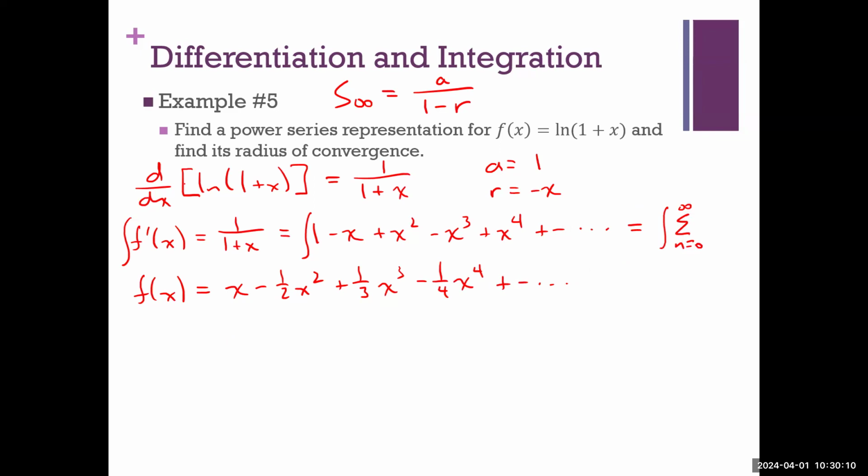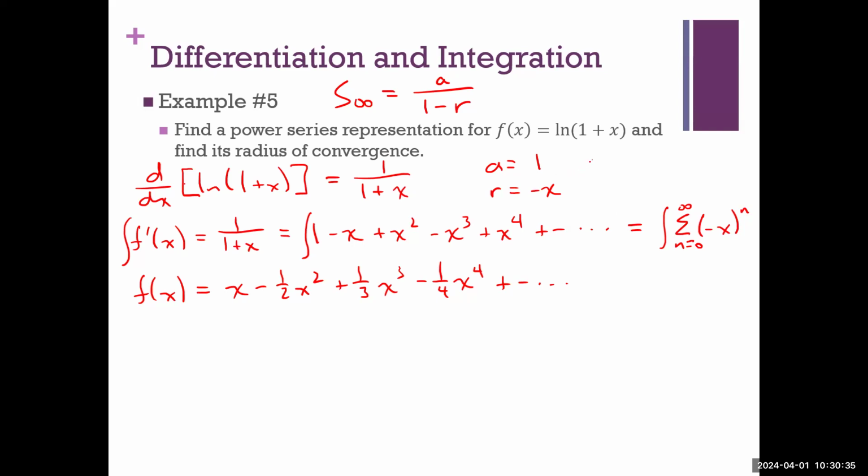If I try to capture all these terms, the 1 minus x plus x squared and so on, into a sigma notation, how can I define that? Negative x to the n. How'd you do that? Defined by negative x, or you can just do the form of a times r raised to the power.